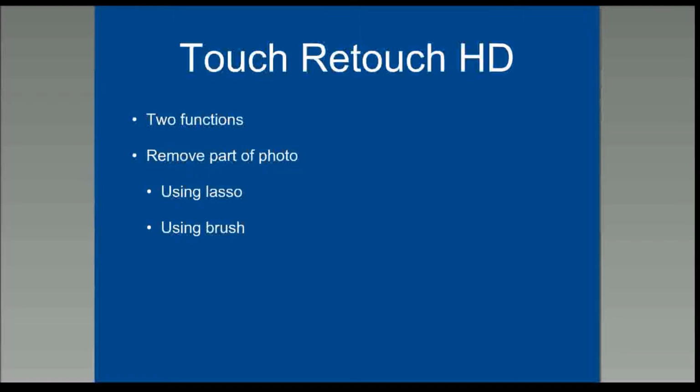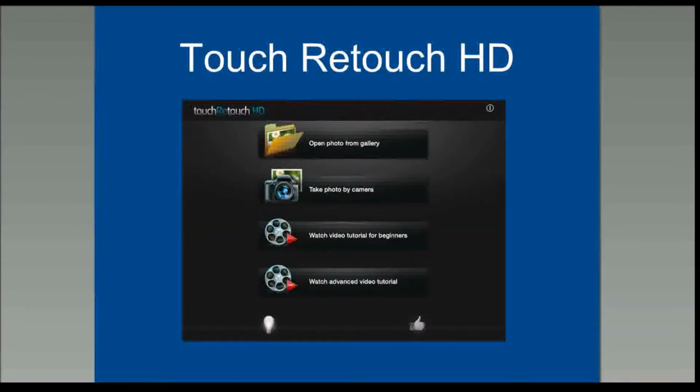There's a lasso tool and there is a brush tool. The second function is the cloning function, which allows you to clone part of the photo. And there is a straight clone, or you can do a clone with a flip, left to right, up or down, etc.